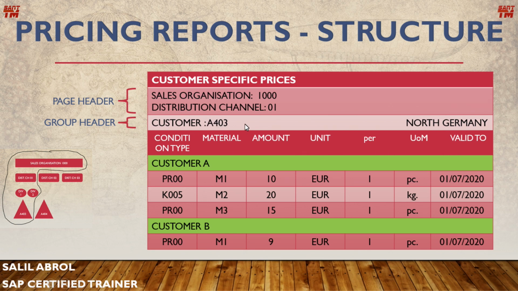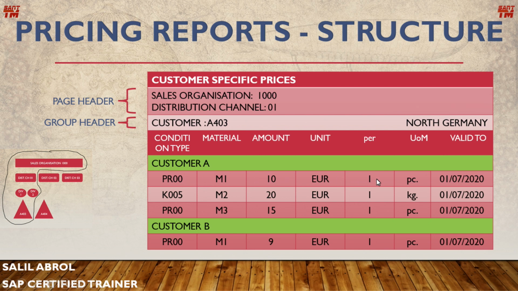Then in customer group A403, my first customer, let us say it is customer number A. For that, condition type is PR00, material is M1, amount is 10, unit is euro. Unit means currency, we can say. Per means we are talking about one piece, the unit of measure is piece, and valid to 1st July 2020.